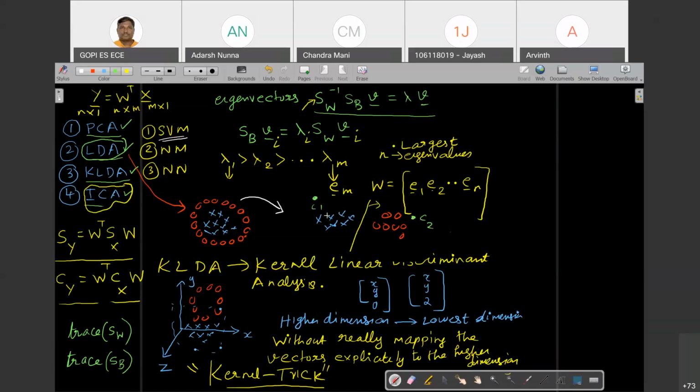If I have a very good separation between these two after doing these projections, then we'll be happy. So we try to represent this data such that after the projection we have a good separation.